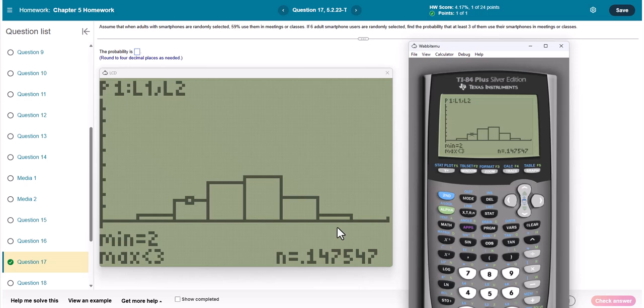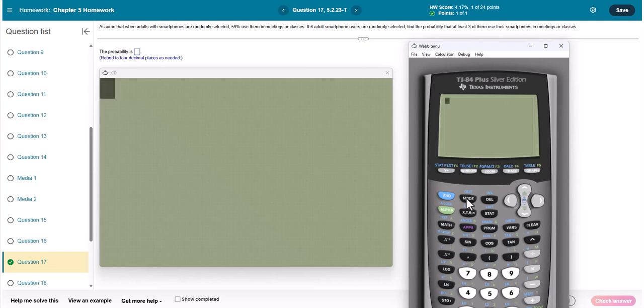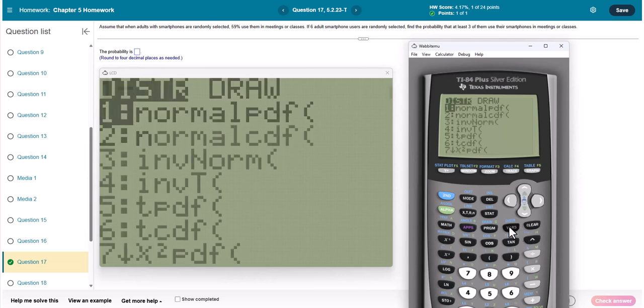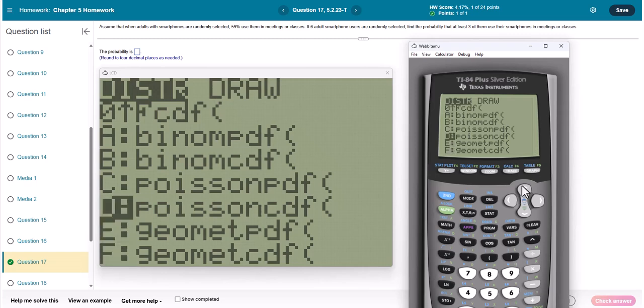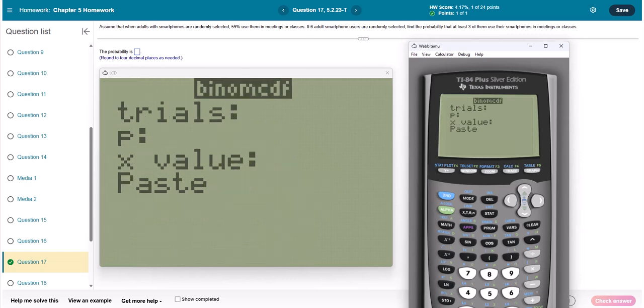To go to the home screen, we'll press second function quit. I'll start by taking 1 and subtracting the binomial cumulative density function, found under the second distribution button, over the vars button. If you go to the letter B, the binomial CDF, and select it, we're asked how many trials there are.